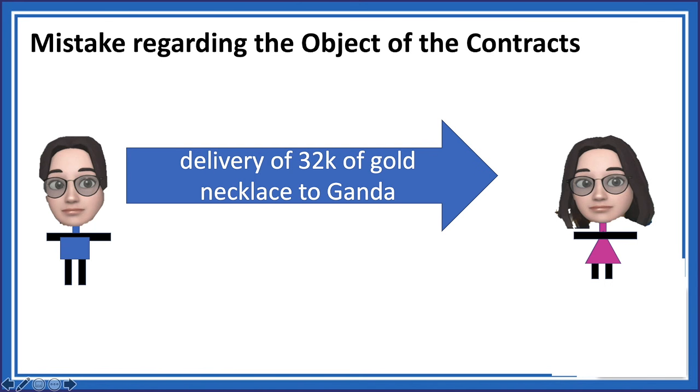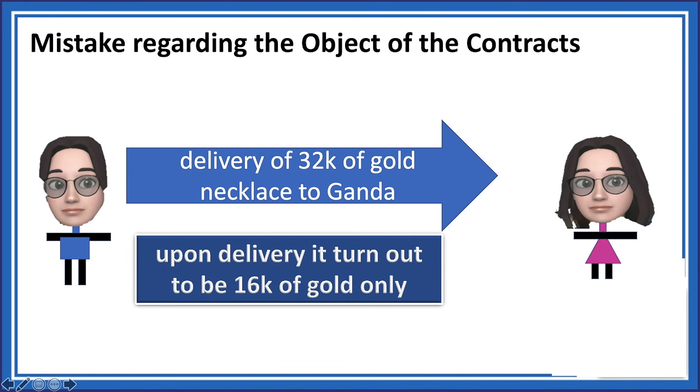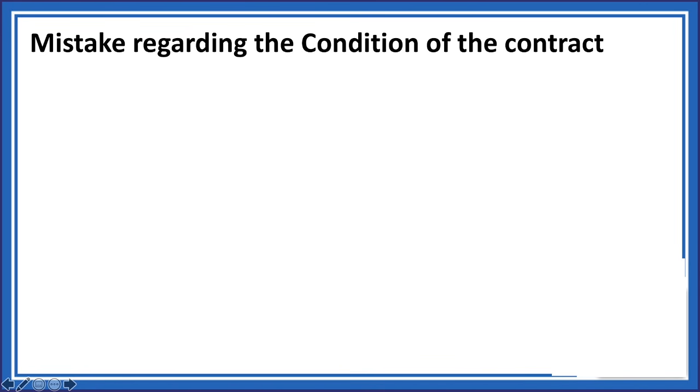Now, if later on, upon delivery, what arrives is not 32 karat gold, but only 16 karat gold. If Ganda had only known that the object Pogi would give her was only 16 karat gold, most likely she would not enter into that contract.